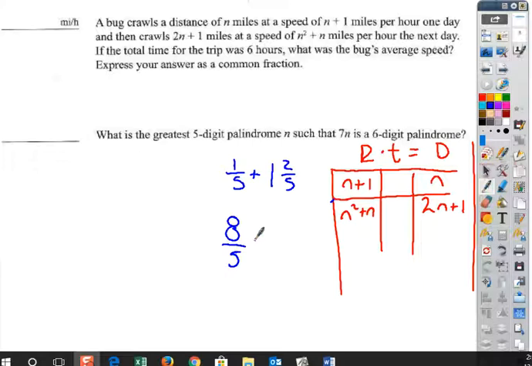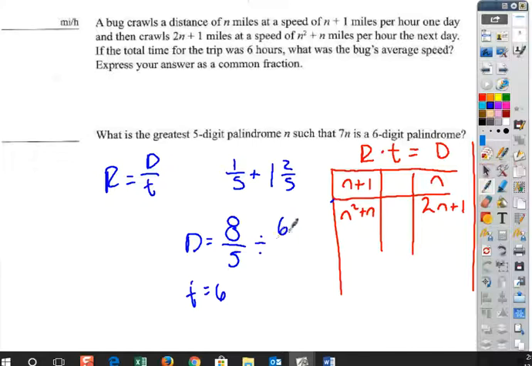And we said that rate is equal to distance divided by time, right? I have my distance. Do I have my time? 6 hours. So we need to divide these two terms.